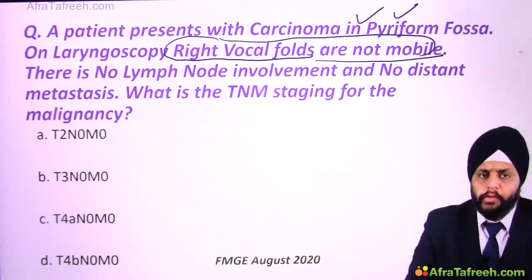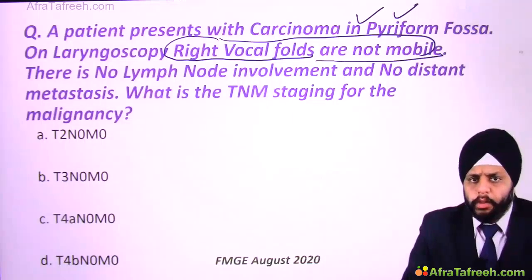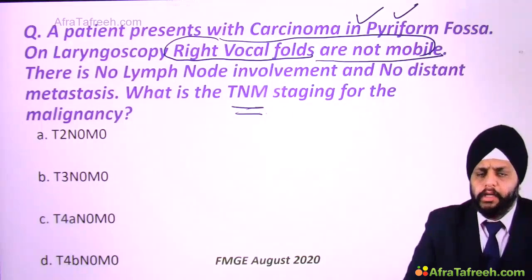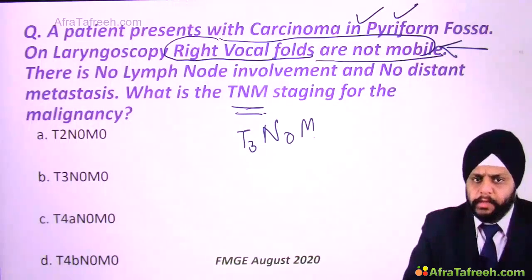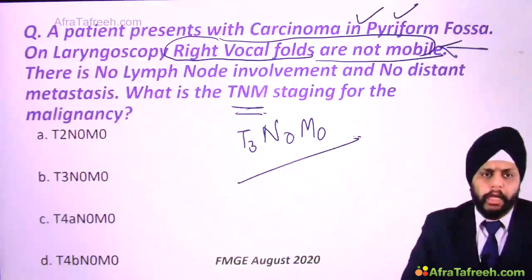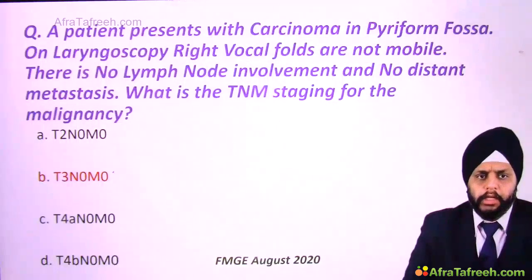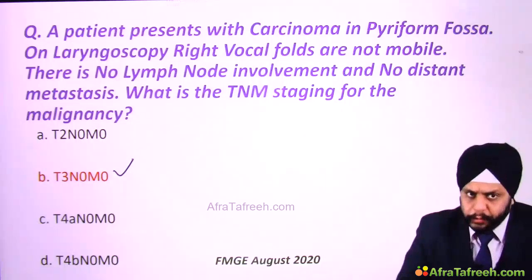There is no lymph node involvement, no distant metastasis. What is the TNM staging? We know vocal fold not mobile makes it T3, no lymph node involvement N0, no distant metastasis M0. Our answer is B, T3, N0, M0.